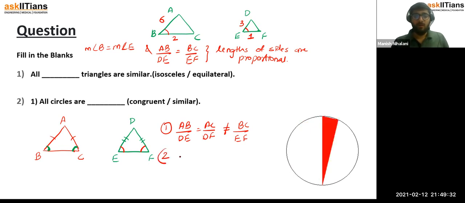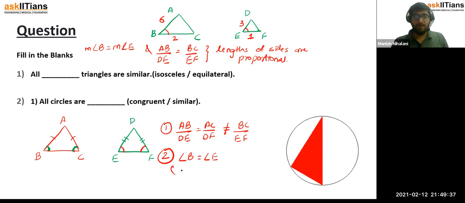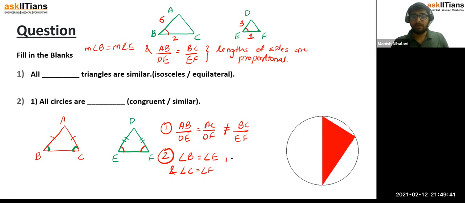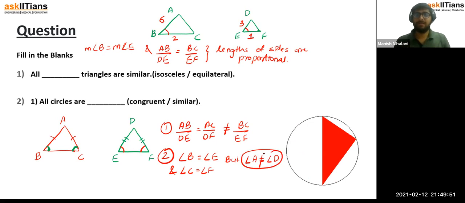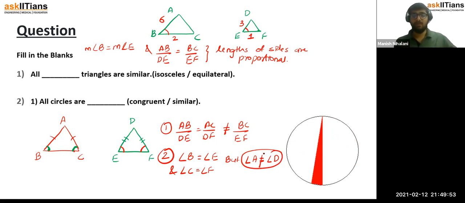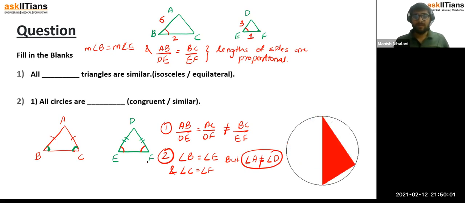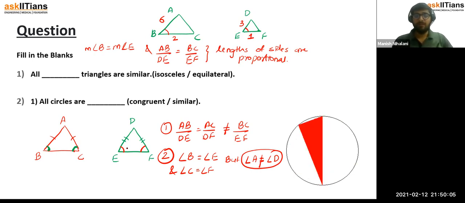You would say although angle B is equal to angle E and angle C could be equal to angle F, but do you think that angle A will also be equal to angle D? No, right? It is not necessarily same. That is why you would say all the angles are not equal. So in this case, if these two angles are equal, the third angle need not be equal.